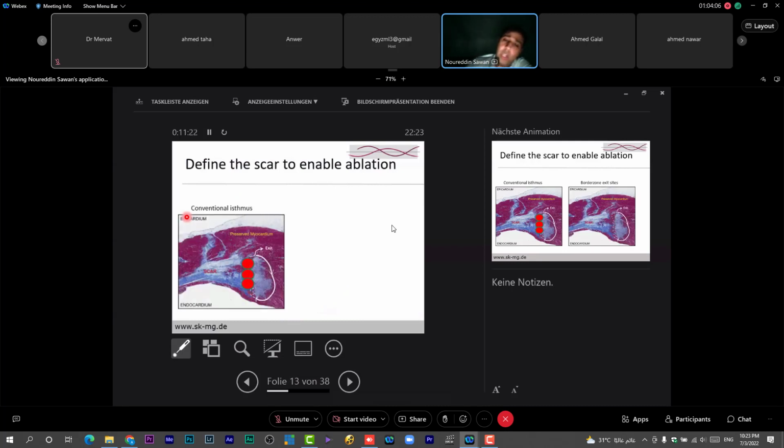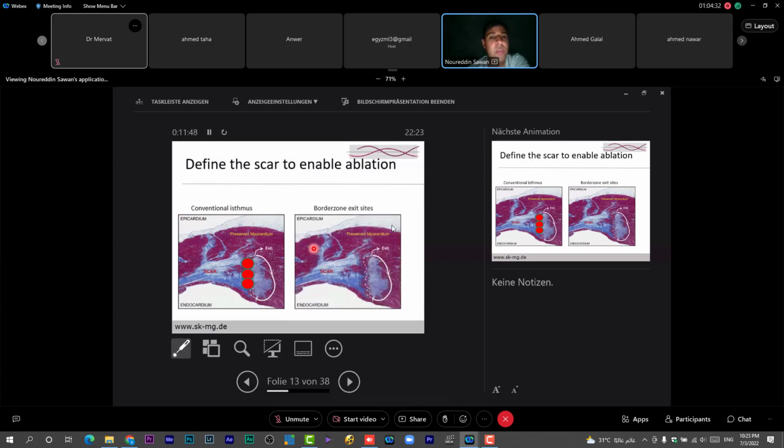If we want to ablate, we have to define the scar, and then we have many strategies. Dr. Ahmed also explained this very well. I will also talk about that, but very shortly. We have the conventional isthmus approach. For example, we see here where the isthmus is, and then we ablate here. That would be very nice, but it's not easy to identify all the time.